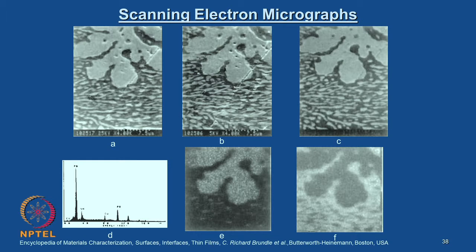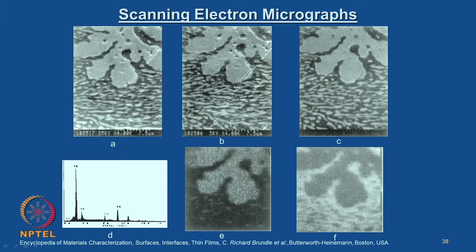Another set of micrographs illustrates the effect of both secondary electrons as well as backscattered electrons. What you are seeing is a lead tin alloy surface. What we are seeing as bright is an eutectic, lead tin eutectic. For those who do not understand the metallurgy of this, you can assume that there are two phases.